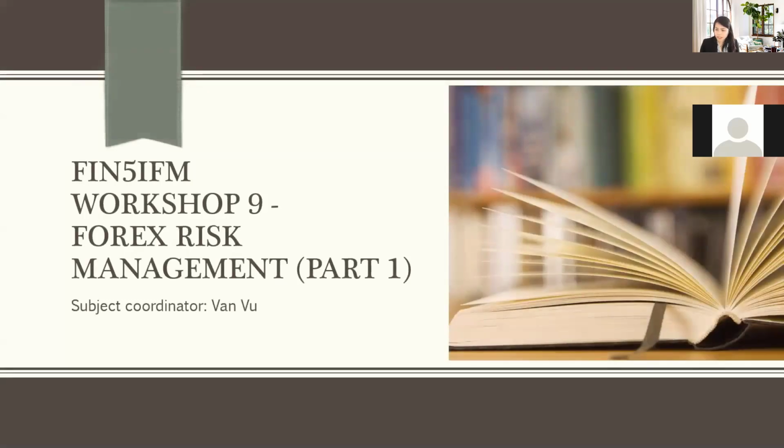So you will find that this topic is quite relevant for your assignment. In fact, in the assignment, you're required to use forward hedge and option hedge to hedge your foreign exchange exposure for Afterpay. So I hope through this workshop, you will understand how to use these contracts and how to hedge exchange rate risk using these contracts, okay?